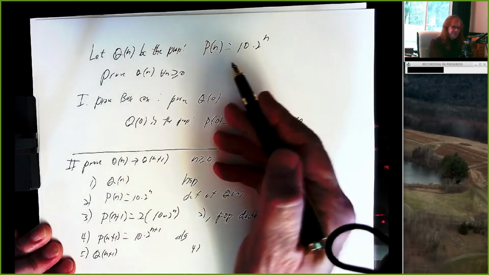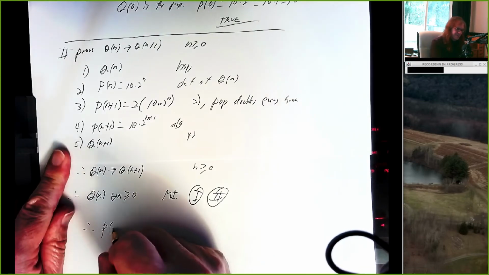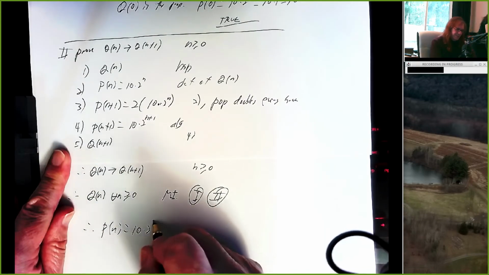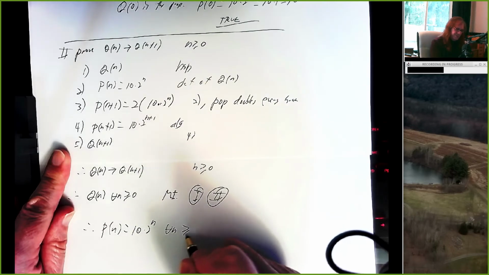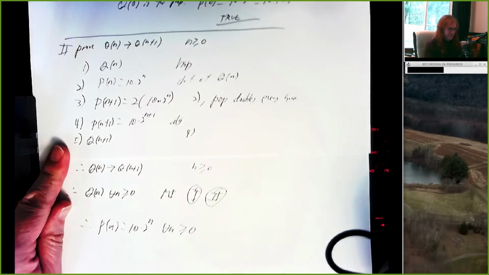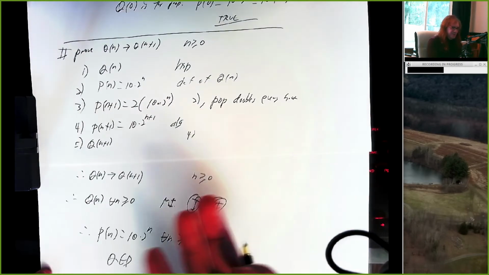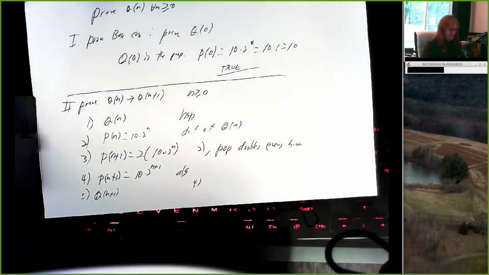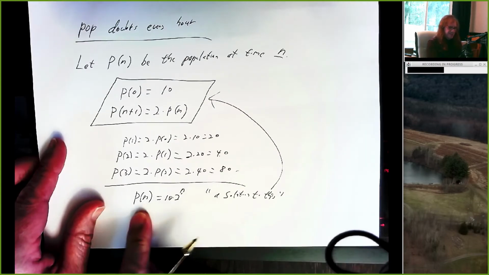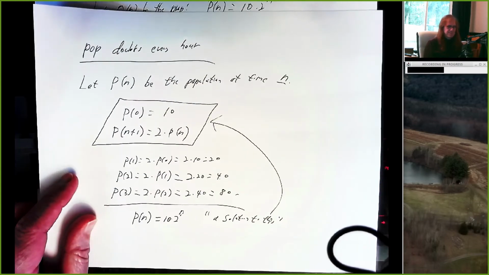And Q of n is the proposition that P of n equals 10 times 2 to the n. So therefore, P of n equals 10 times 2 to the n for all n bigger than or equal to 0. And that's what we were trying to show. So this is a formal proof that this is a solution to this recurrence relation.